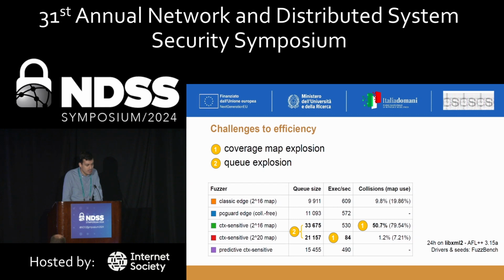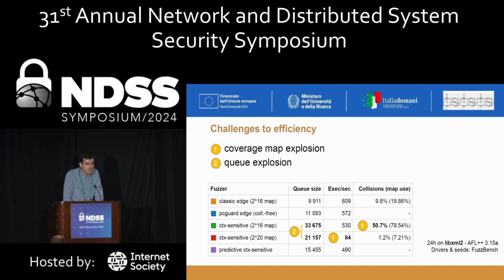So we studied this problem, and we found that there are two challenges to context-sensitive fuzzing. There are efficiency challenges. We call them coverage map explosion and queue explosion. The first relates to how you track this coverage. You maintain a coverage map, and this coverage map has a fixed number of entries.